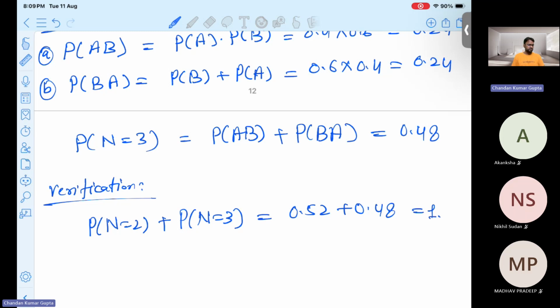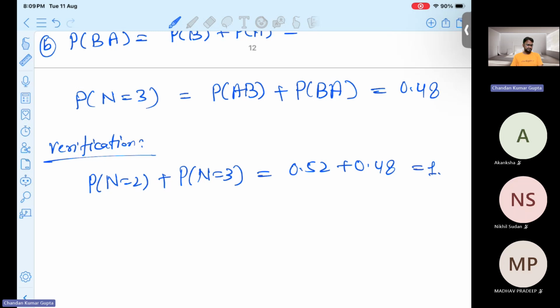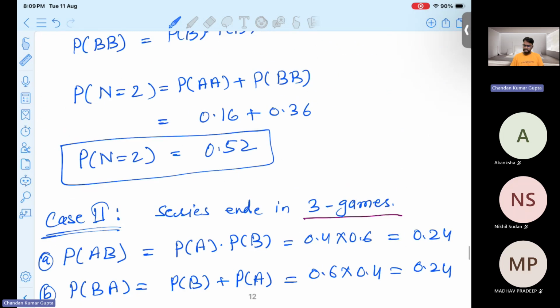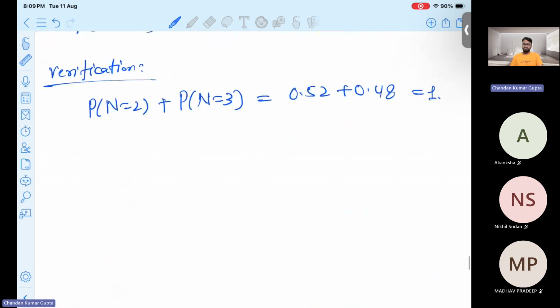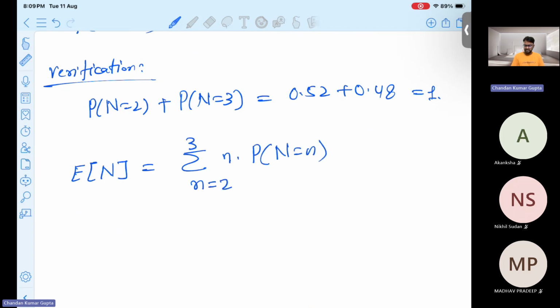So now the next is the expected value. We need to find the expected number of games. The expectation of n is the summation of n times the probability that n equals n, where n takes the values 2 and 3.